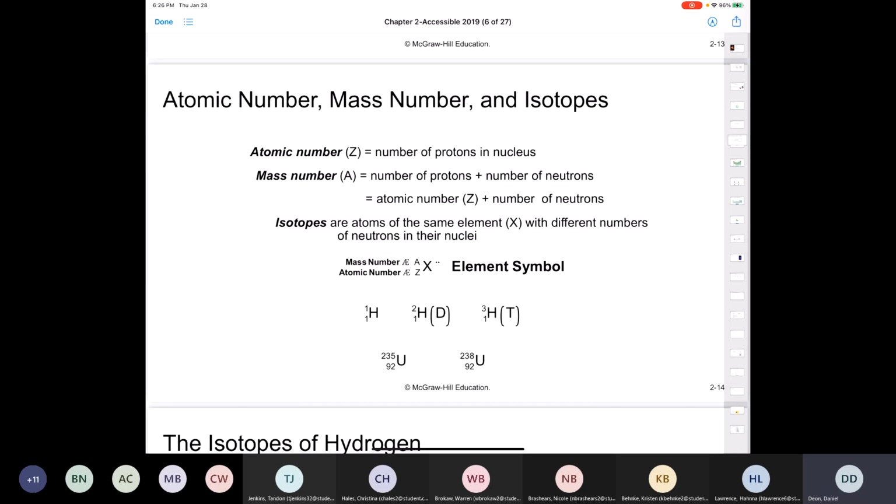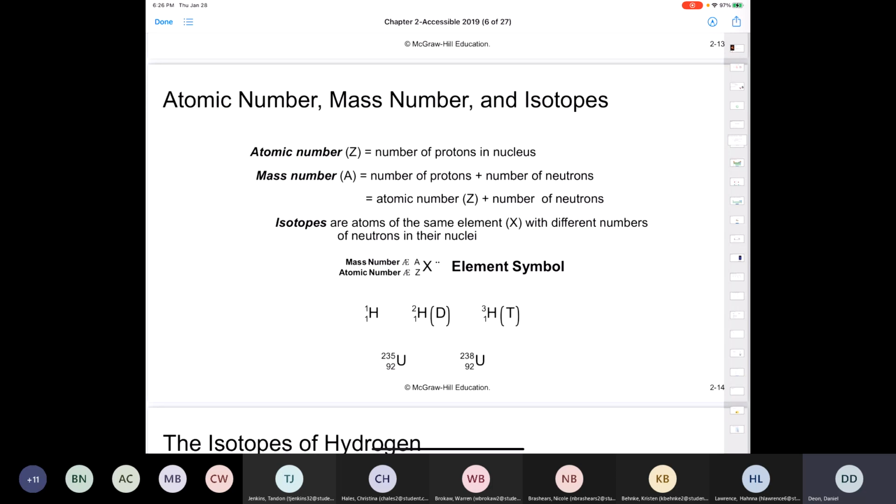The mass number, however, uppercase A, represents the number of protons and the number of neutrons in our nucleus. Another way of writing that would be to say the mass number is equal to the atomic number plus the number of neutrons. If you have an isotope, this is when you have atoms of the same element, but they have different numbers of neutrons.